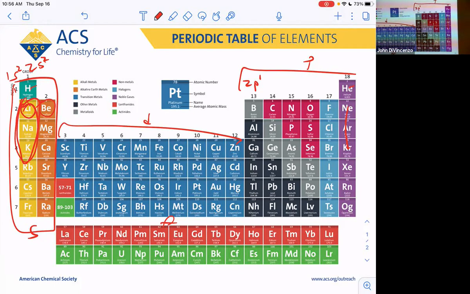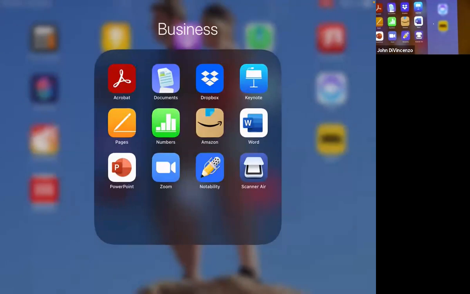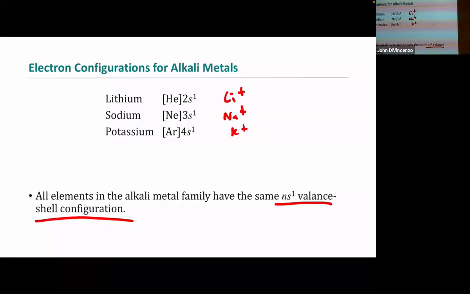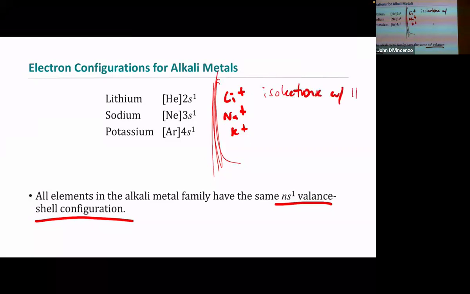We say it's isoelectronic. So the lithium ion, not the element, is isoelectronic with helium.